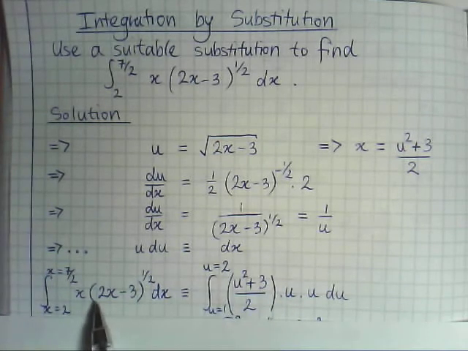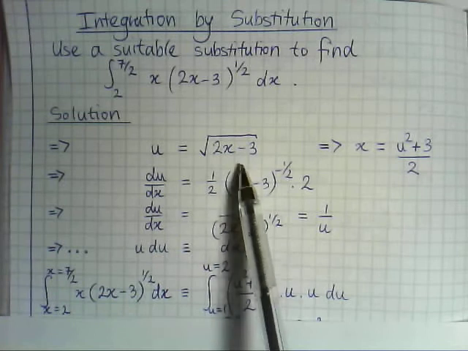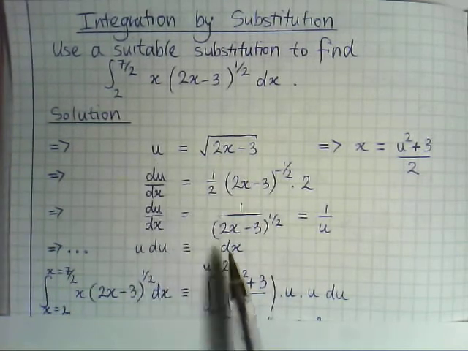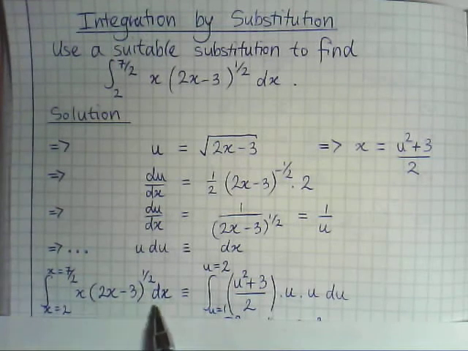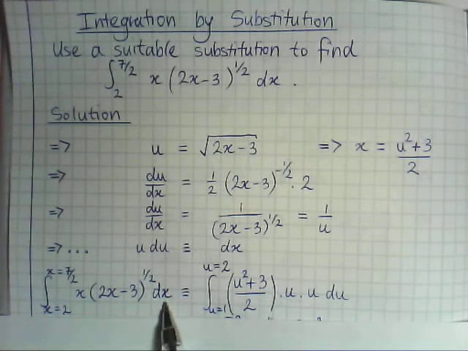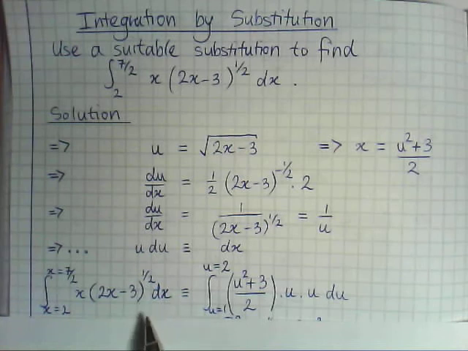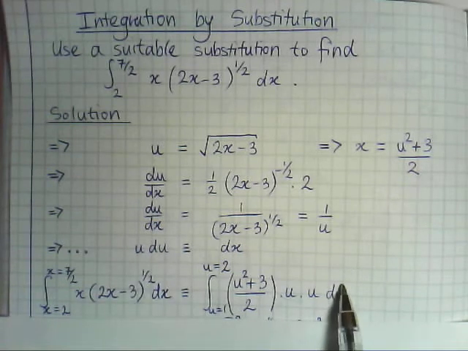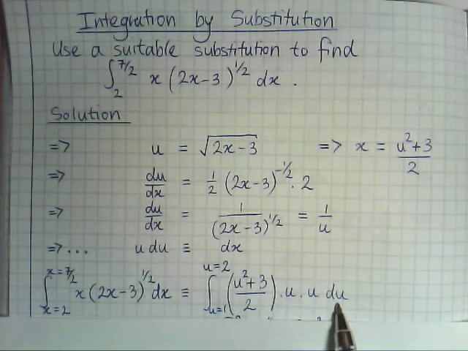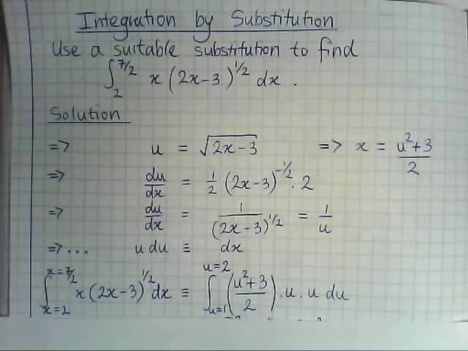And then we have 2x minus 3 to the power of half. Well, we know that is just u. So that's u there, equal to this. And well, what is dx in terms of du, or in terms of u? We found that earlier on to be dx is equivalent to u du, so that's that part there. And they're all multiplying each other.